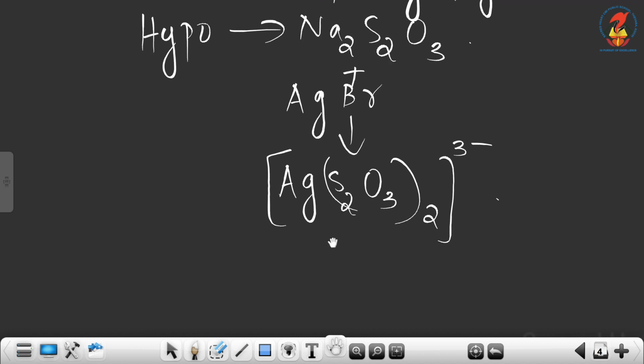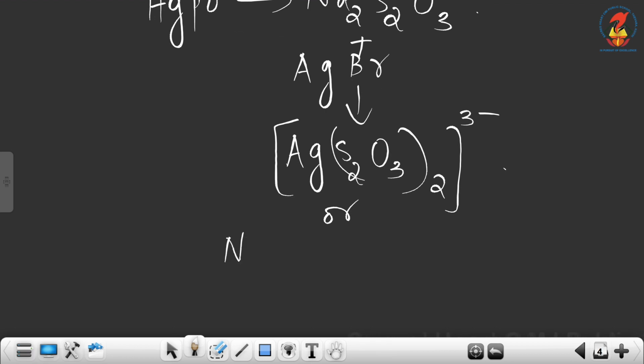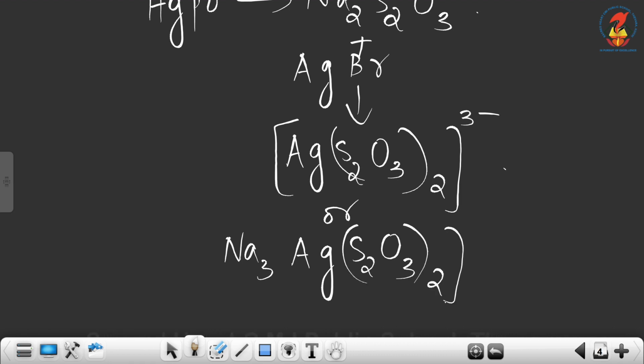The 3 minus will be neutralized by sodium, so you can write the formula as Na3[Ag(S2O3)2]. So, this is the formula of the complex formed when hypo solution is added to silver bromide. Now, this is the third application.